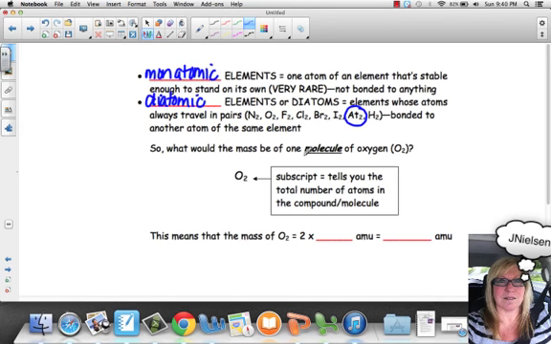So what would be the mass of one molecule of oxygen? Well, a molecule of oxygen is written as O2, so it's going to be 2 times 15.9994. And when we do the math on that, we get 31.9988 AMU.